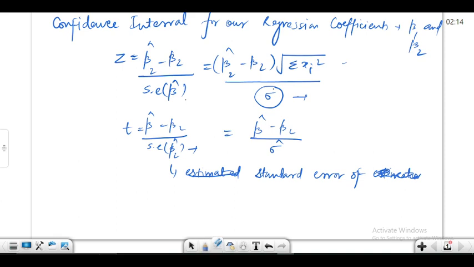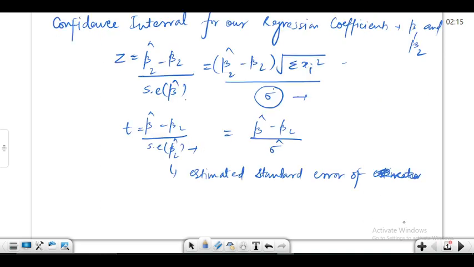We don't have the exact standard error, so we take the estimated standard error. I hope this is clear. We'll be using the t statistic more rigorously, because we don't have the value of the standard deviation of the entire population, or the population parameter that we are trying to find out. So we take the sample statistic, or the standard error of the sample statistic.